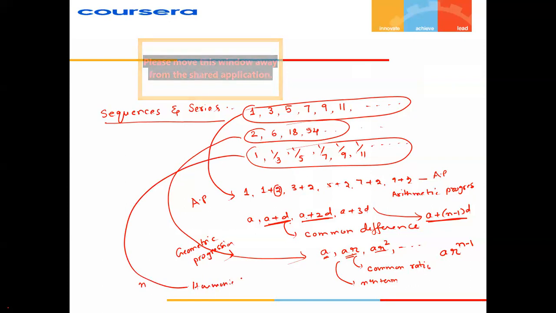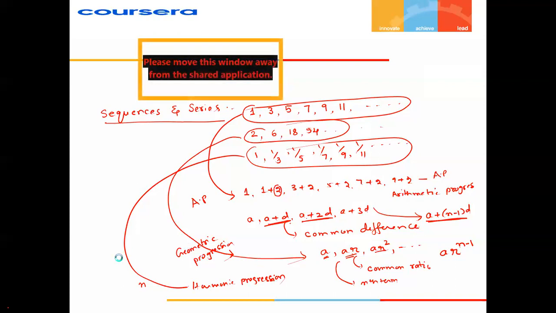There are many patterns, but these are the named, popular patterns, which are very helpful for us throughout. The nth term is 1 by a plus n minus 1 into d.